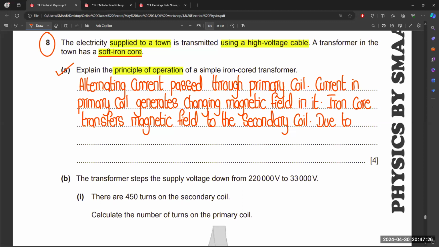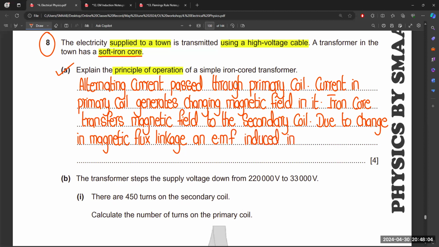Due to change in magnetic flux linkage, EMF is induced in the secondary coil.